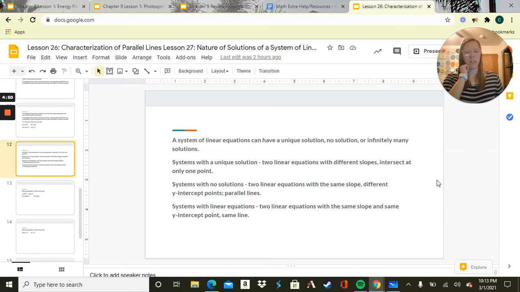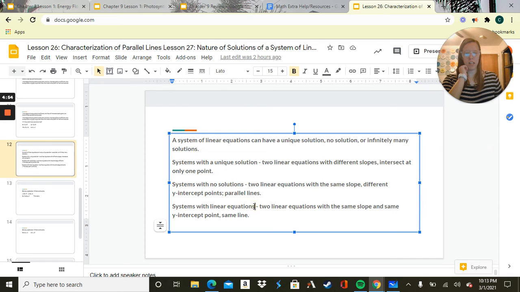And then systems with infinitely many solutions are two linear equations with the same slope and same y-intercept, so they'll be the same line.